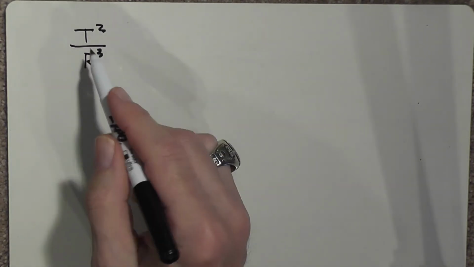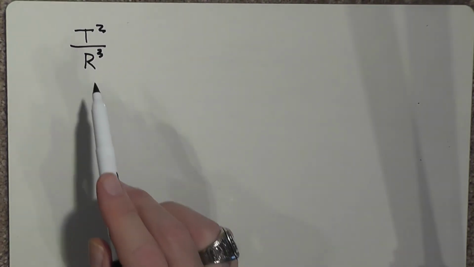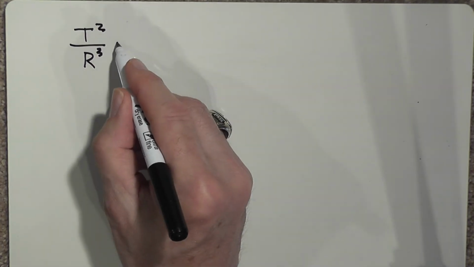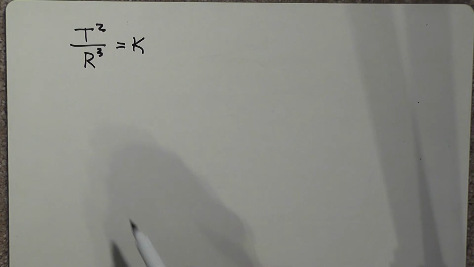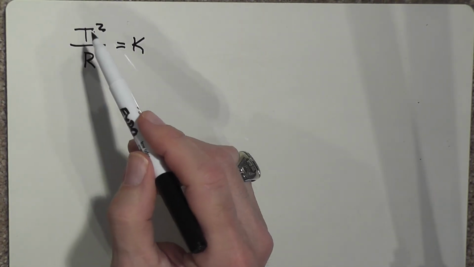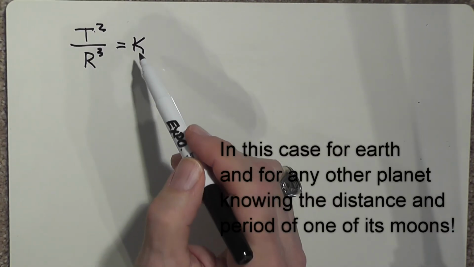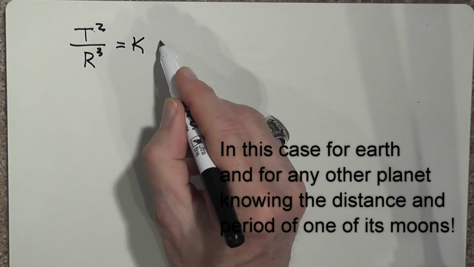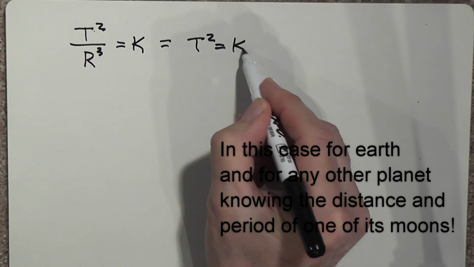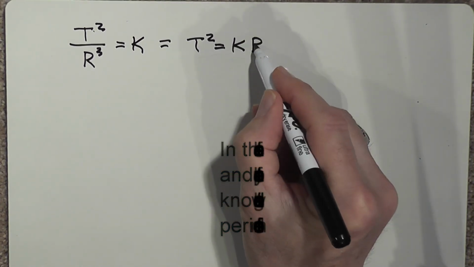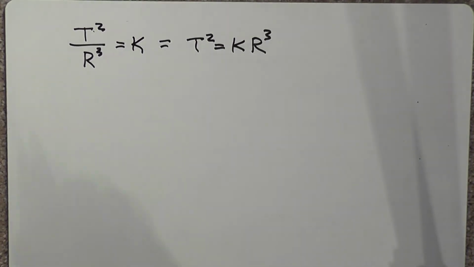So you put that in seconds, put the distance in meters, and then you will get the Kepler constant for any planet. If you are able to measure the period and the distance, you can figure out Kepler's constant. In this case, the period squared is equal to Kepler's constant times R cubed.